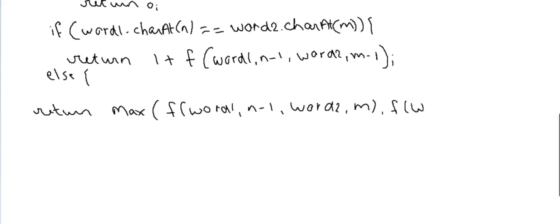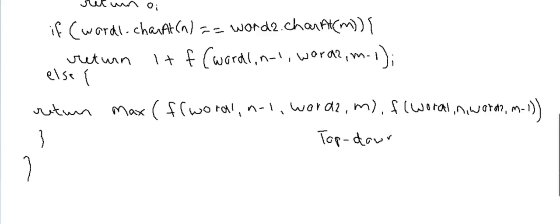And if I delete a character from word 2, I need to decrement m, right? So that is our else case. And we are done. So this is a recursive approach. It's a top-down approach. We started with n and m until n and m became 0. And as you can see, here the time complexity is exponential.